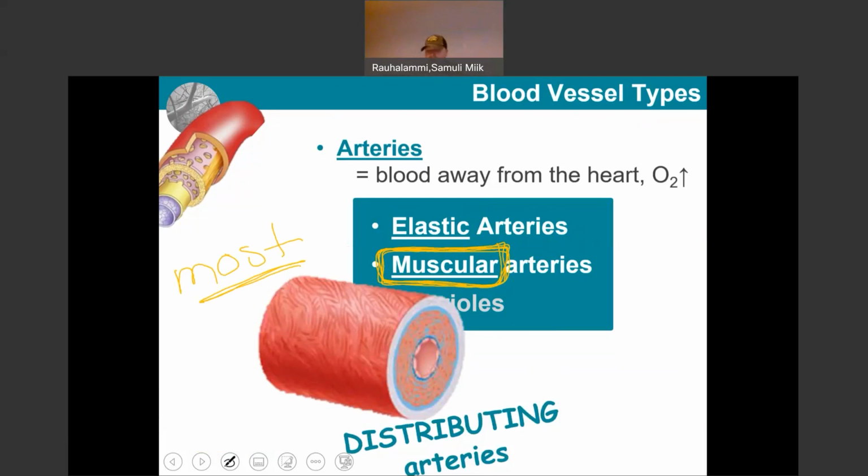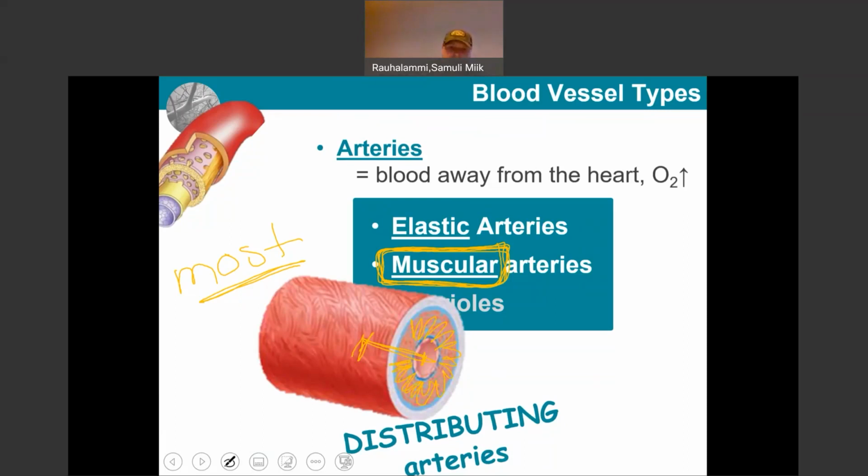So these arteries that we study and we name, most of those are going to be muscular arteries. These are the thickest of all of the arteries that we end up seeing, and they do have a very thick Tunica Media layer. So that's something to bear in mind.